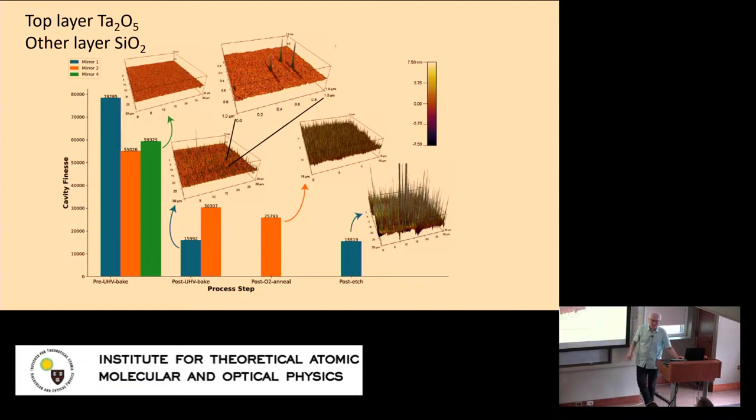The warning of this story is, these mirrors consist of tantalum pentoxide and silicon dioxide layers. Typically, the coating companies like to put a tantalum pentoxide layer on top because it has a high index of refraction, so it saves them 1 layer or so in the number of layers.